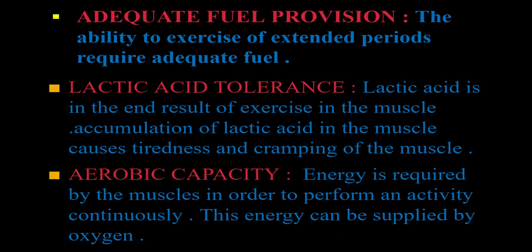Next point is oxygen transport. The blood absorbs oxygen from the lungs and transports it to the working muscles. The oxygen transport system depends on the amount of oxygen that the blood absorbs from the lungs and the ability of the circulatory system to transport this oxygen rapidly to the working muscles.